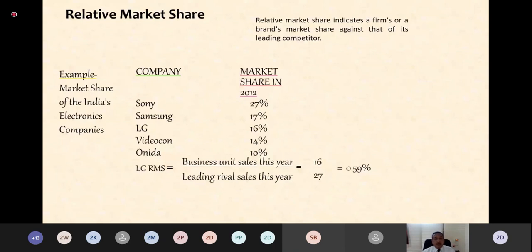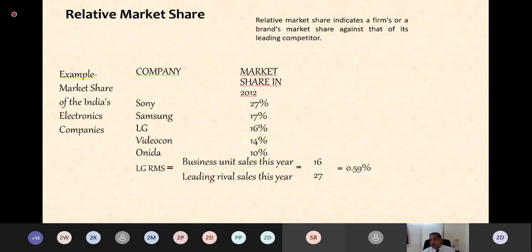So relative market share can be calculated as the business unit's sales this year, meaning LG's sales this year, divided by the leading rival's sales this year. The leading rival here is Sony, and therefore 16% divided by 27% is equal to 0.59.